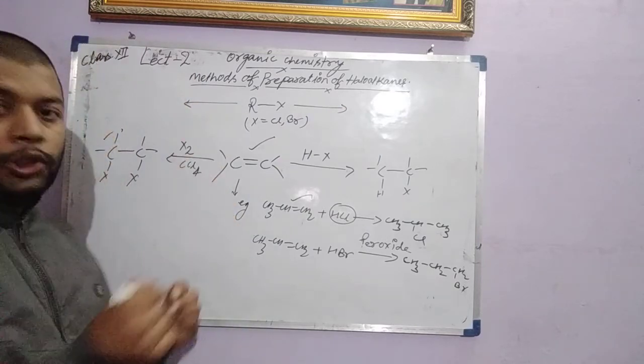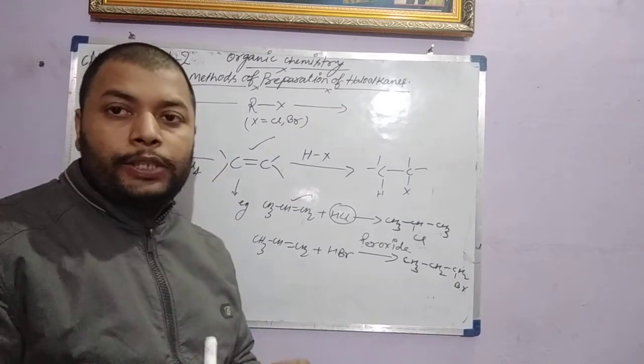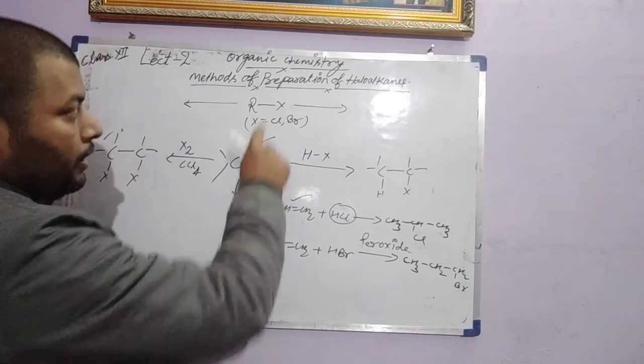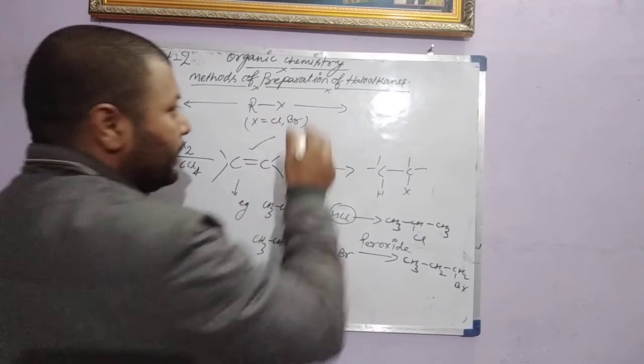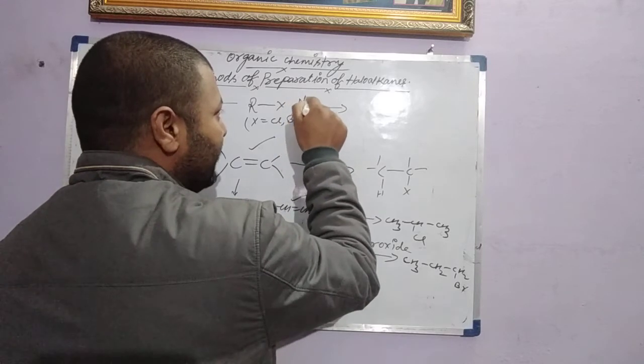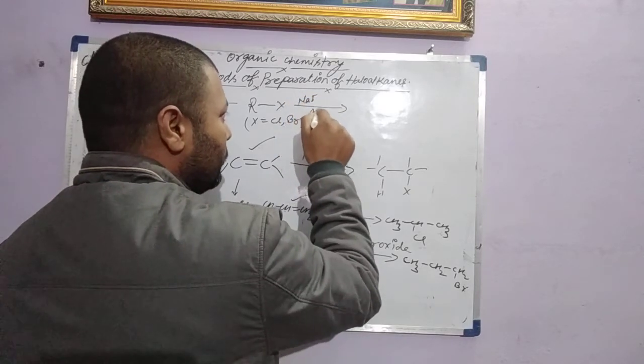There are two different types of reaction. If X is chlorine or bromine, we can take sodium iodide or potassium iodide in the presence of acetone.